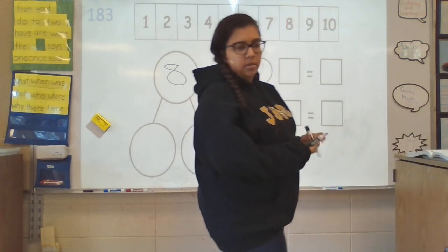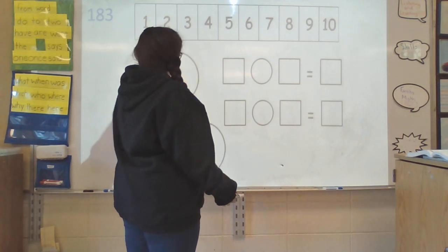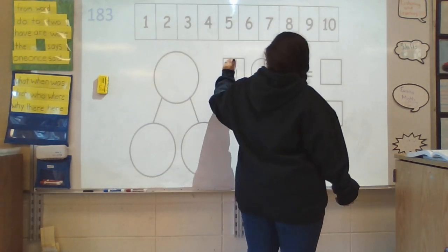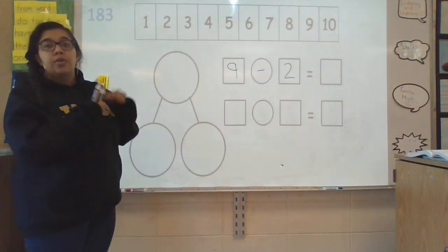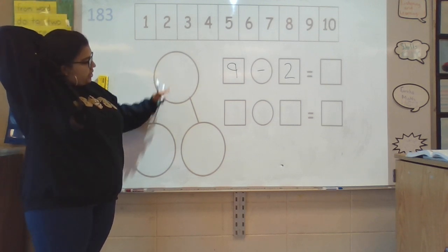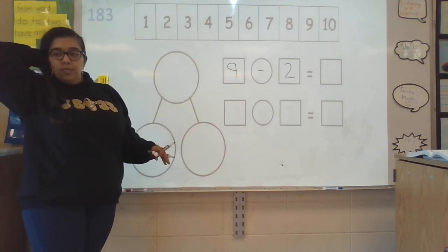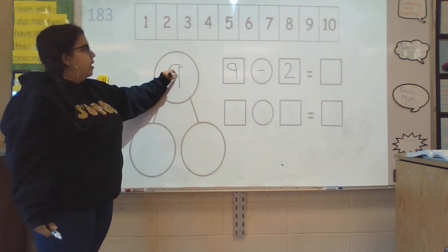How about we write down this one. 9 minus 2. Which spaces, again, in our number bond can we fill in? We know the whole has a value of 9.